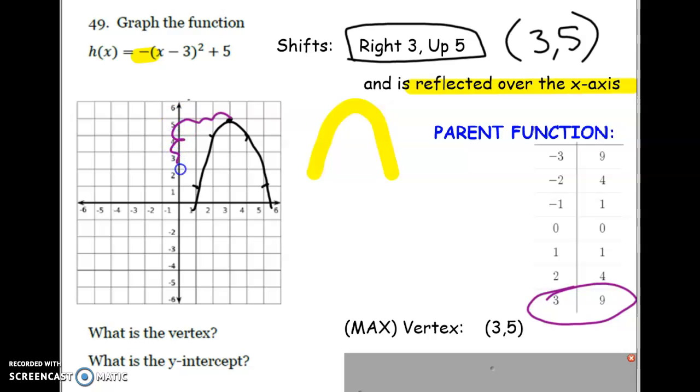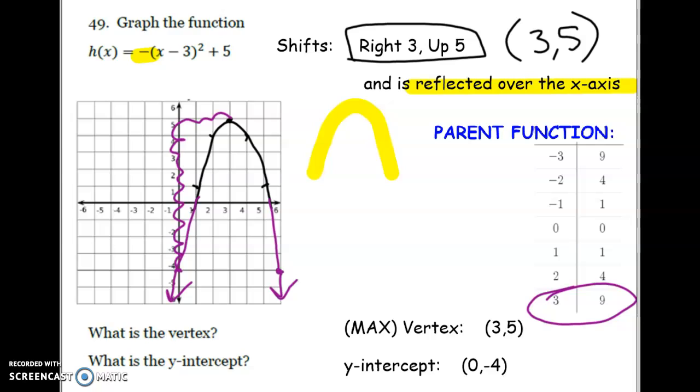So 1, 2, 3, 4, 5, 6, 7, 8, 9. And so at the negative 4, and of course there would be a dot over here on the other side that is symmetric, so I could just keep on continuing that parabola shape down until it crosses the y-axis, and the y-intercept is 0, negative 4.